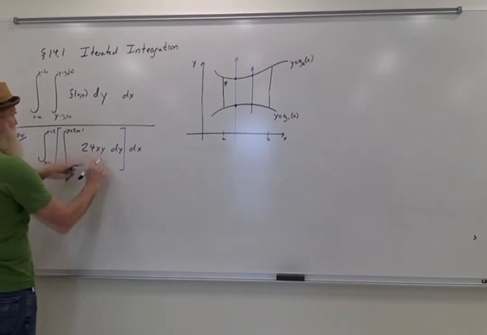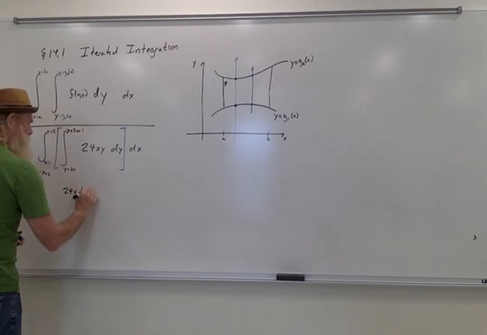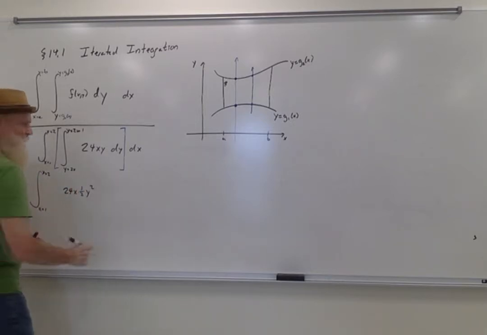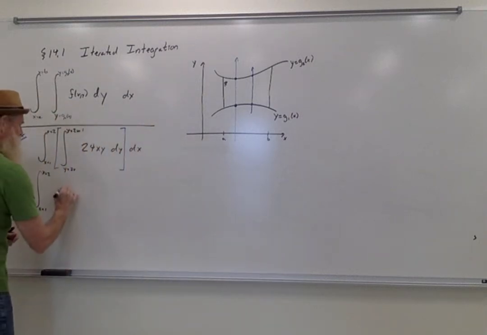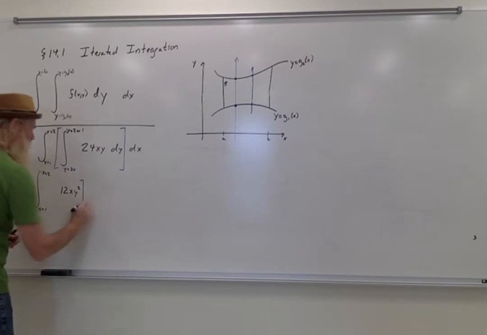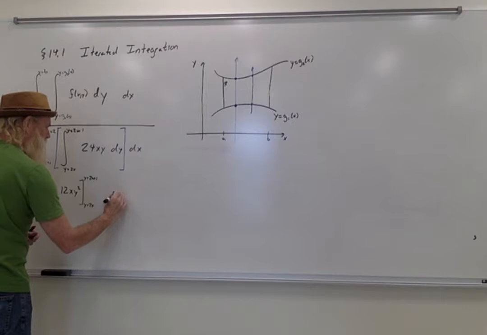So the integral of 24xy is going to be 24x times 1/2 y squared. Let me go ahead and simplify that a little bit and just make that 12xy squared, where y is going to start at 2x and end at 2x plus 1.